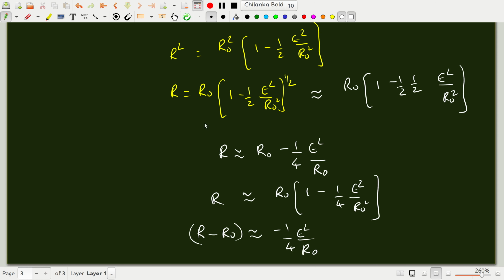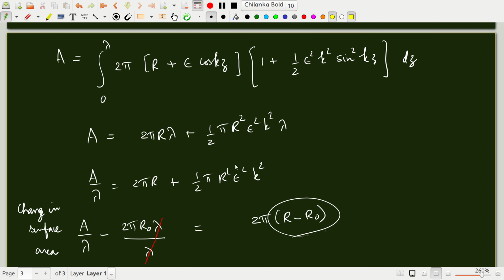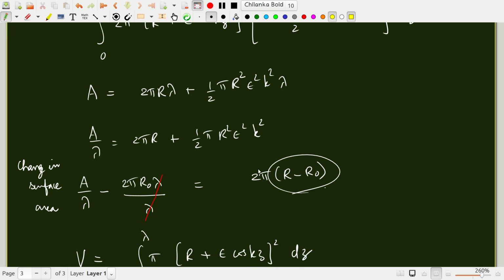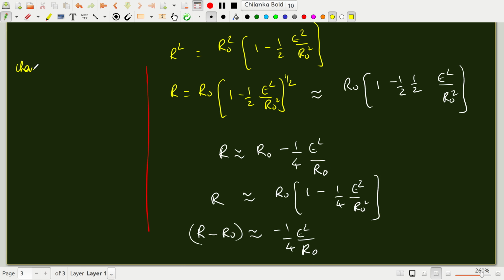So what I'm going to do next is, the change in area is nothing but 2 pi times r minus r naught. So the change in area is nothing but 2 pi times minus 1 by 4 epsilon squared by r naught squared.